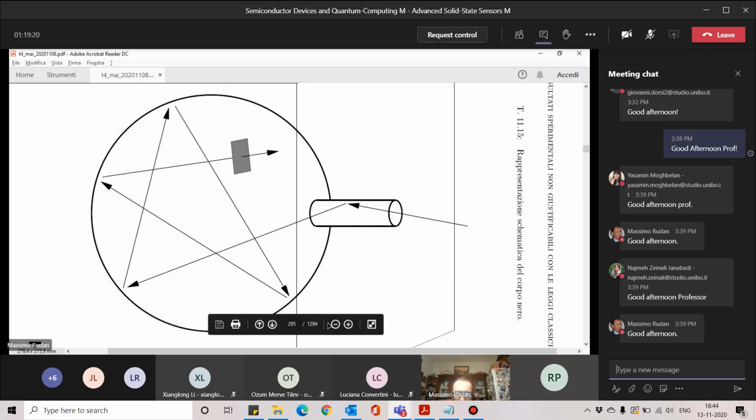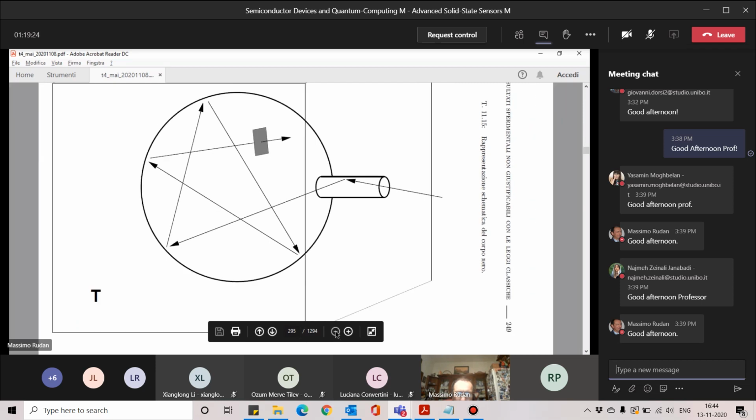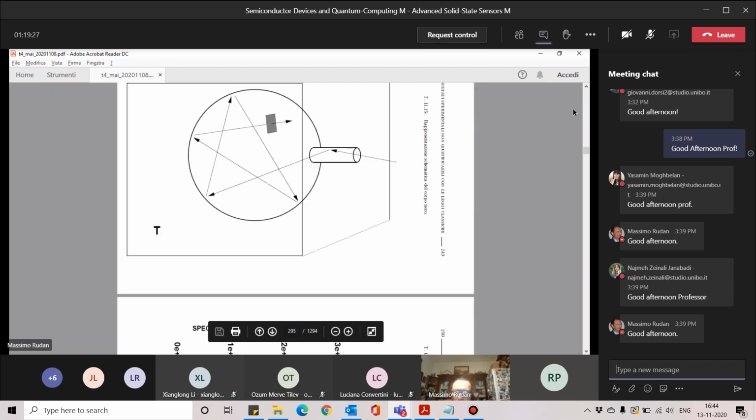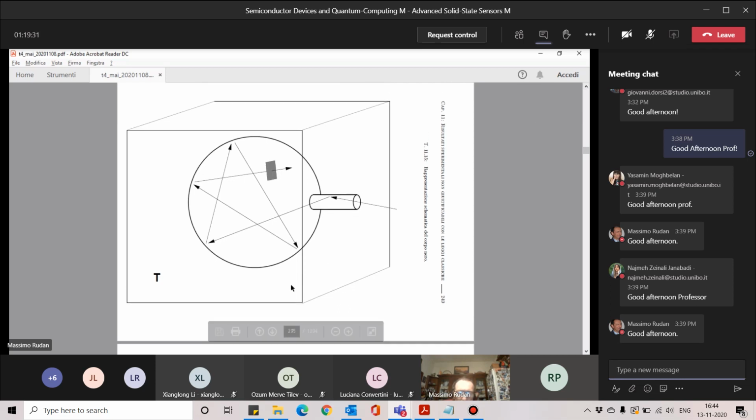So consider a block of material, so the block is the cubic contour, okay? And this block is kept at a fixed temperature T, okay? Then inside the block there is a cavity, so this sphere is empty, okay?